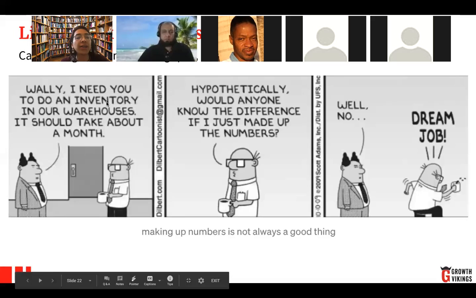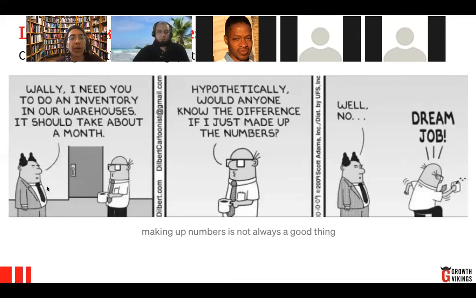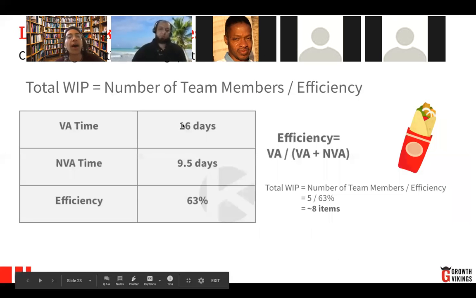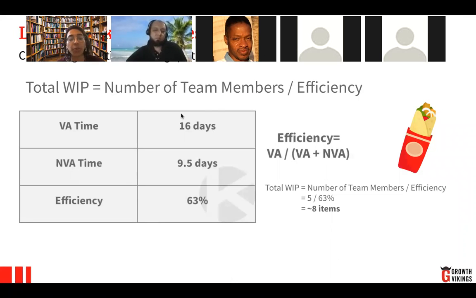And then finally, you have what is called the work in progress. And we have here the basic formula for it. At the end, the work in progress, sometimes we calculate it by just taking the number of team members and dividing it by the efficiency, okay? And when we talk about efficiency, we're considering the number of days that the work stayed in value-add stages and the number of days that the work stayed in non-value-add stages.